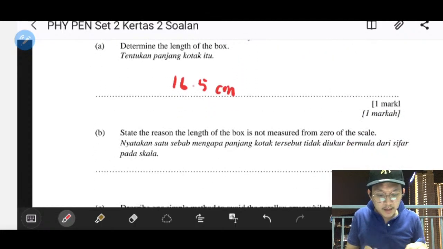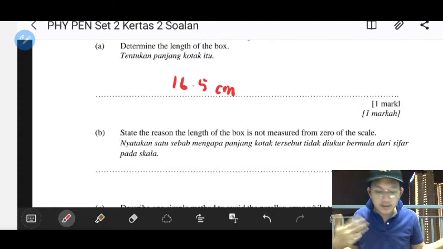Nyatakan satu sebab mengapa kotak tersebut tidak diukur bermula daripada sifar pembaris itu. Can I say that? Maybe. Okay. Yep. You can say that also.